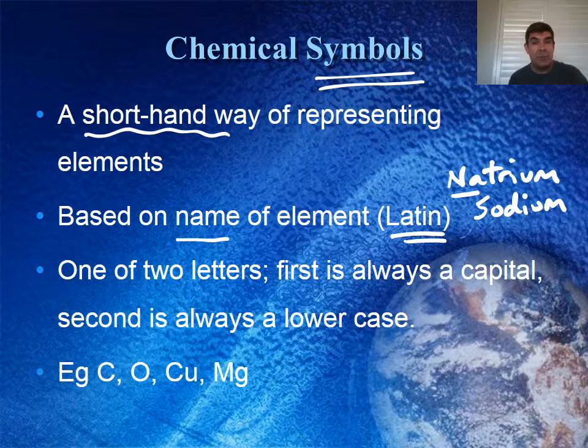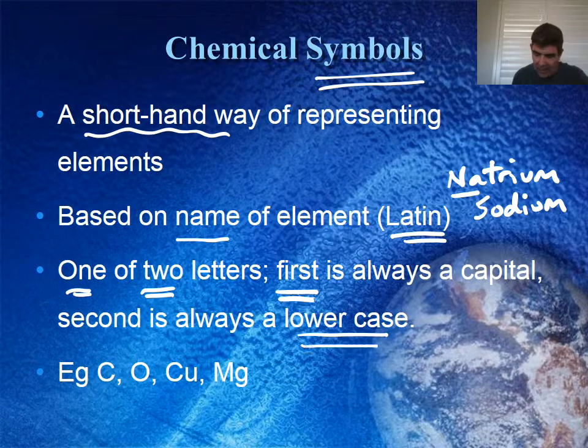When we're looking at symbols, there's a couple of important rules that we need to be aware of, and the first of those is that the first letter is always a capital. Some of the symbols occur as a single letter and others as two, and whether it's just one or two, that first letter or that only letter will always be a capital. However, if there is a second letter, it will always be a lowercase.